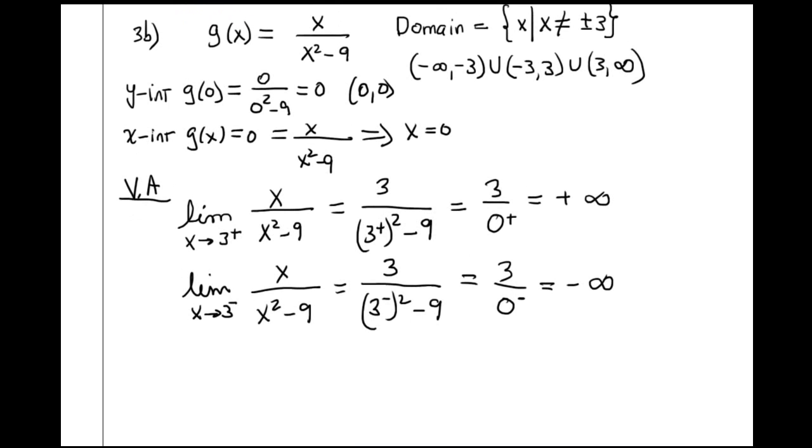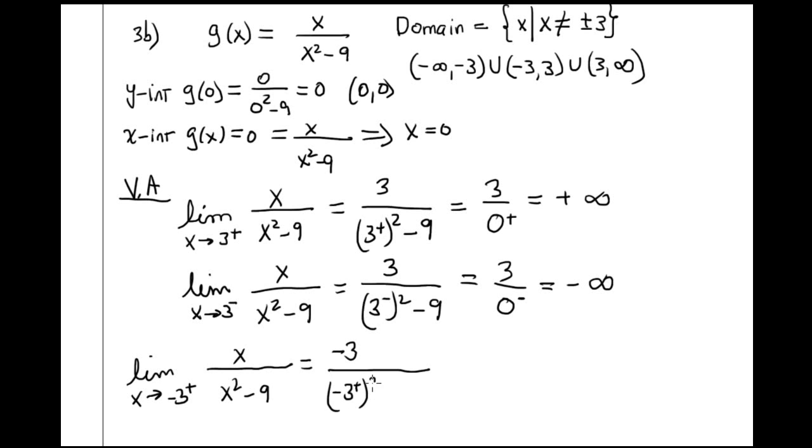Likewise, we can determine, for example, the limit when x approaches minus 3 from the right of x over x squared minus 9. This is minus 3 divided by minus 3 to the right squared minus 9.